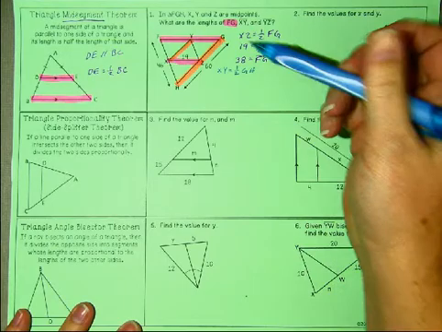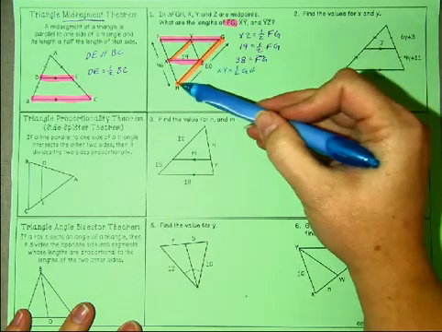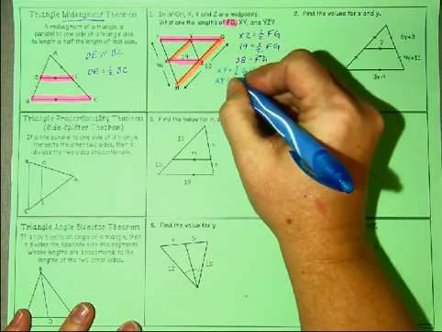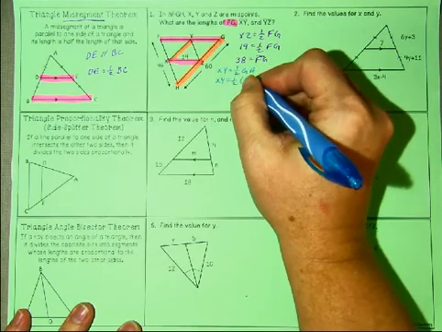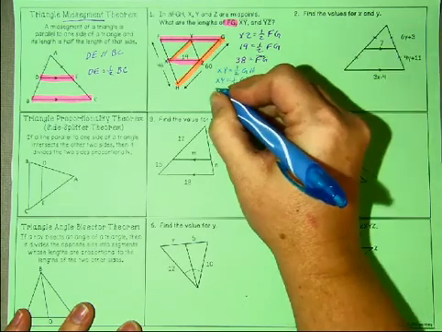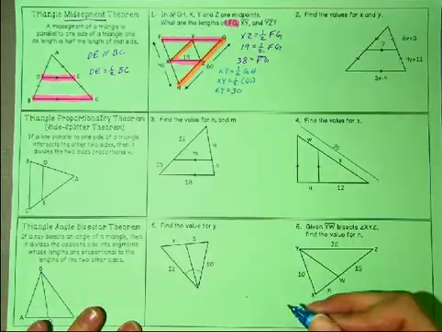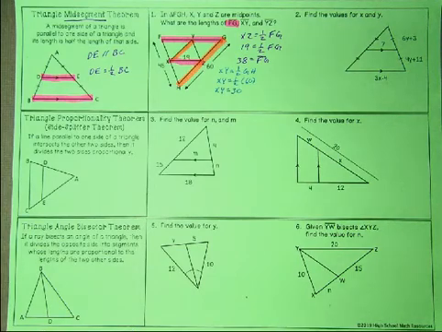For this one, we don't know anything about XY, but we do know that GH is 60, so we're going to go XY equals 1/2 of 60. Half of 60 is going to be 30, so XY equals 30. All right.